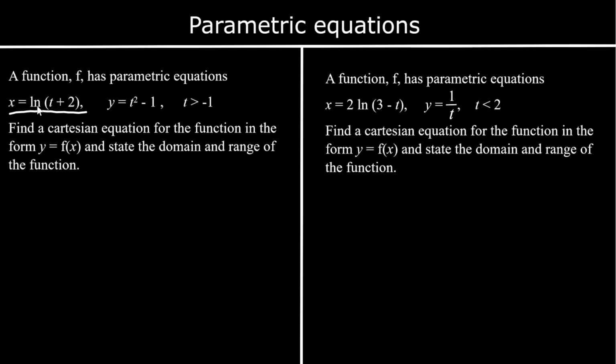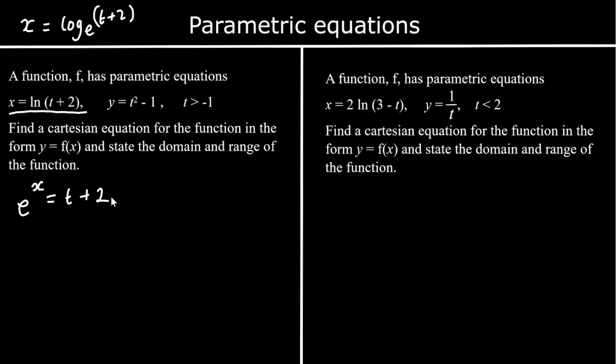So we're going to get rid of log by taking it out of log form or doing the inverse of natural log, which is e. So at the moment we can say it's log base e of (t plus 2). That's the same as e to the power of x equals t plus 2.